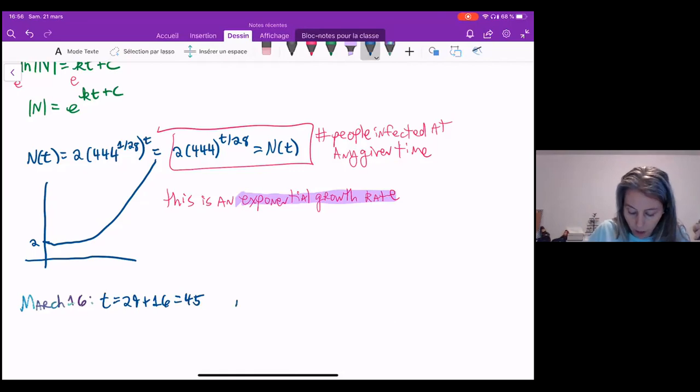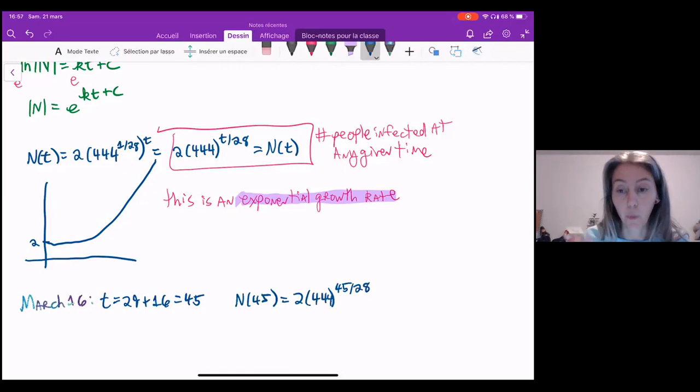So we just have to plug that in to the equation that we got there. Now, clearly, you cannot do that without a calculator. 444 to the power of 45 over 28. You probably need a calculator for that. That's okay. Typically, you could just leave your answer like this, but for the context of this question, it's going to be better to know exactly what that means.